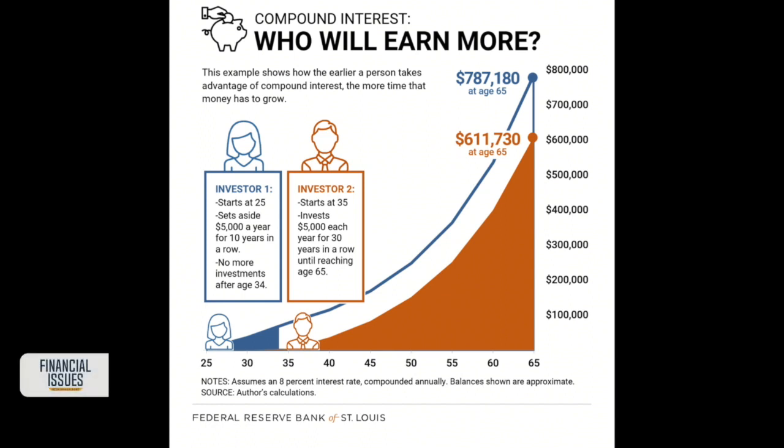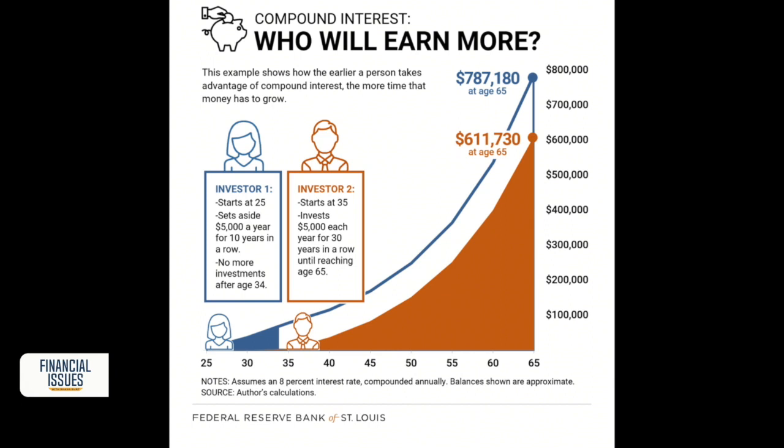So an investment of $50,000. Or investor two, who waits 10 years and starts at age 35, which is still young, and puts $5,000 each year into the market for 30 years in a row until reaching 65. So for 30 years, they're putting in $5,000 each. So they're putting in 3 times what the first investor put in.